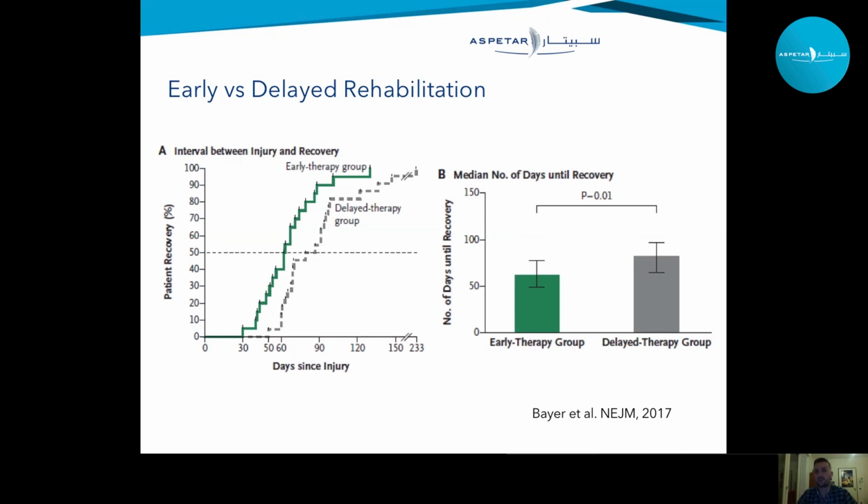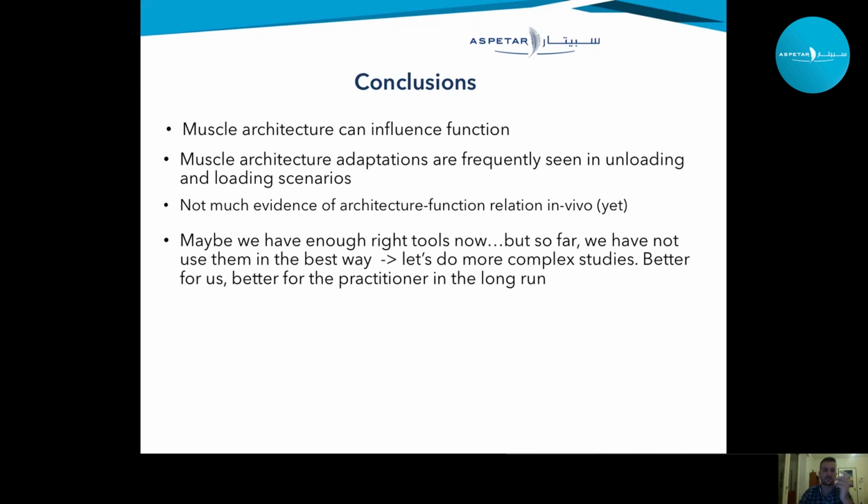But what happens after a surgery? It is quite important to understand that usually if we implement early rehabilitation, for example, we will be able to have an earlier return to sport or earlier recovery. And this is something that I want to pass on.